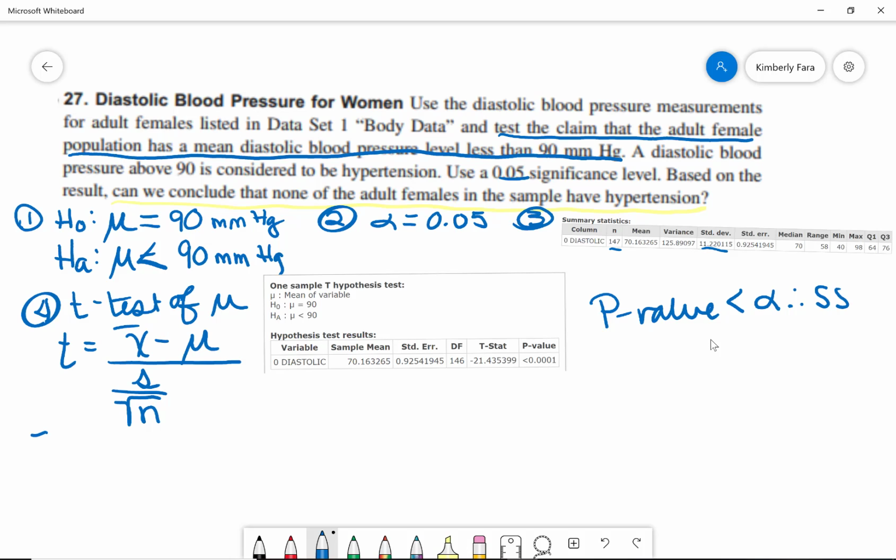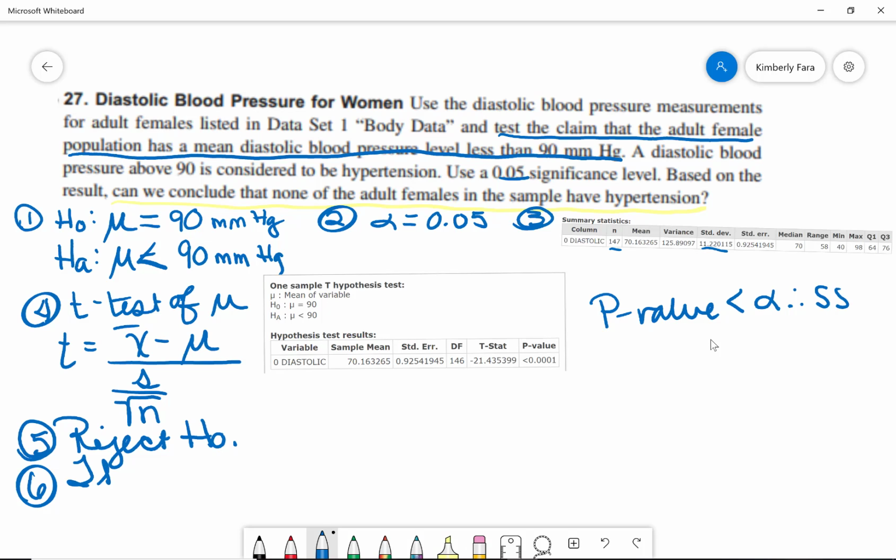And when it's statistically significant, my step 5 says reject our null hypothesis. Then step 6 is our summary statement.